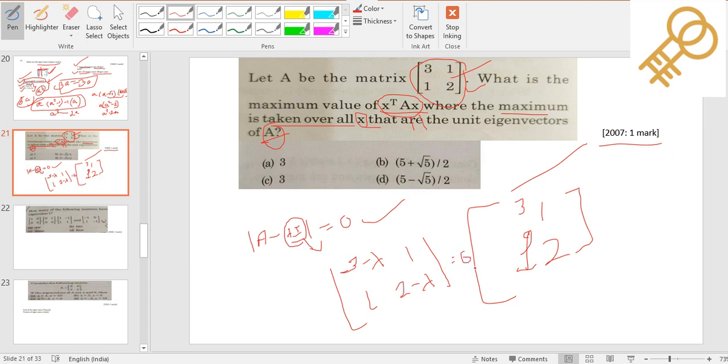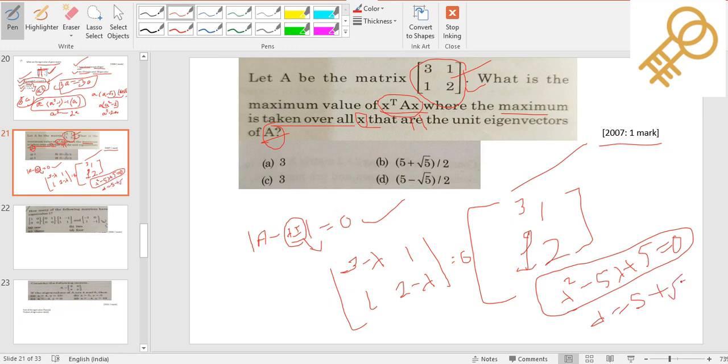When you find the determinant, you'll get lambda square minus 5 lambda plus 5 is equal to 0. With the help of this equation you will get two values of lambda: one value is 5 plus root 5 divided by 2, and the other value is 5 minus root 5 divided by 2.